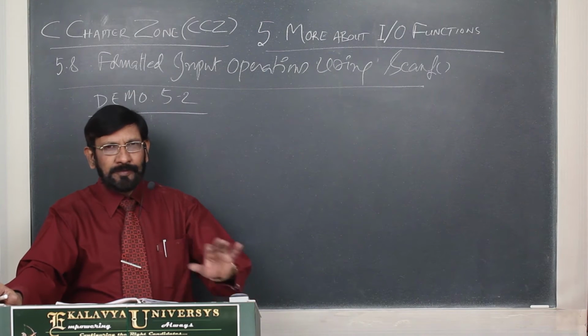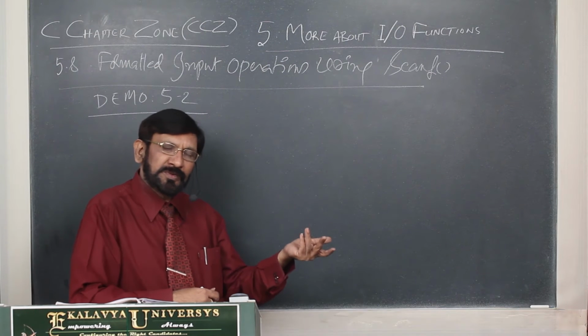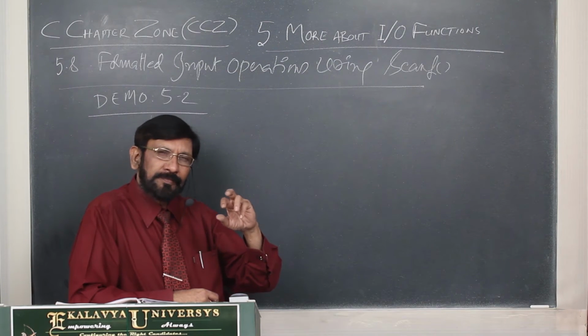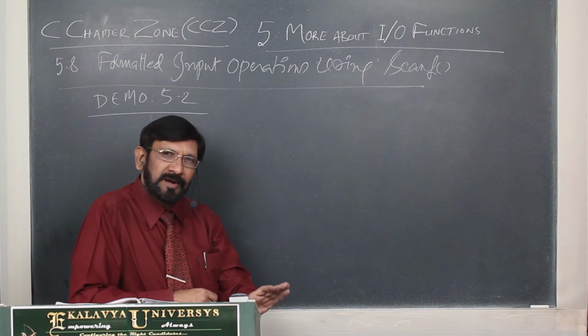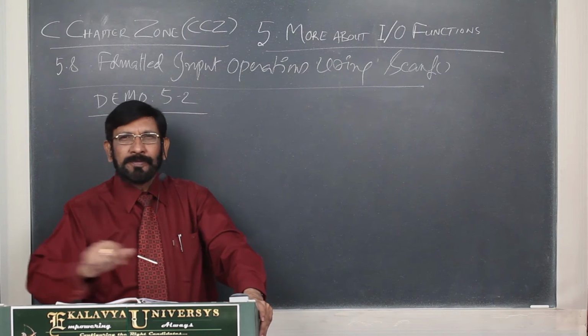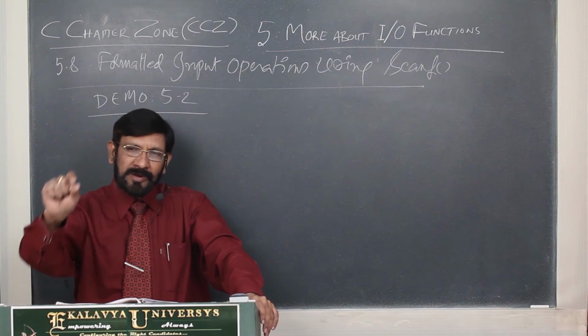As I explained to you, with different width specifiers, you write a program and enter different sizes of data, integer data, and see the output. But one thing I am telling you, before executing the program, just write your output.